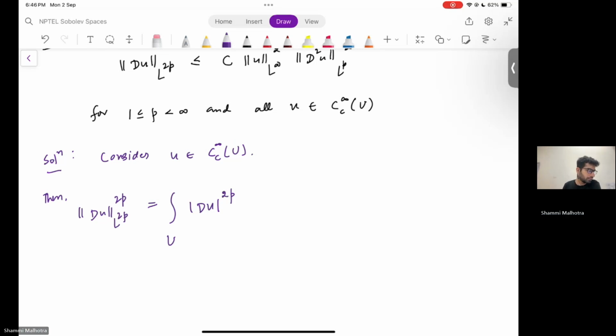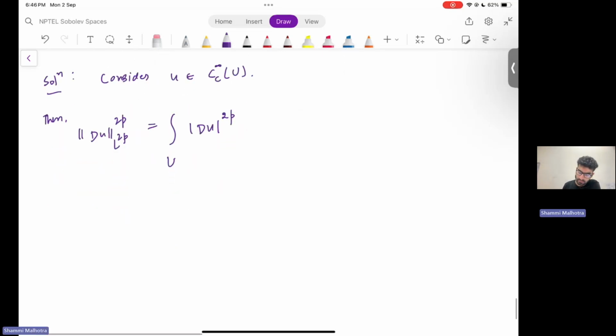So this again can be written as the integration of mod Du to the power of 2p minus 2, so again p is greater than or equal to 1, so this thing is valid, Du dot product with Du.